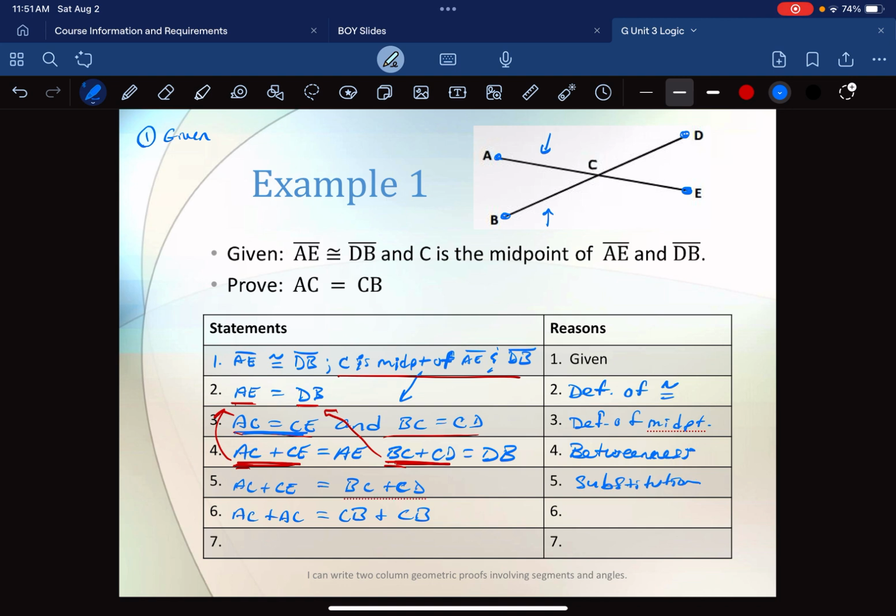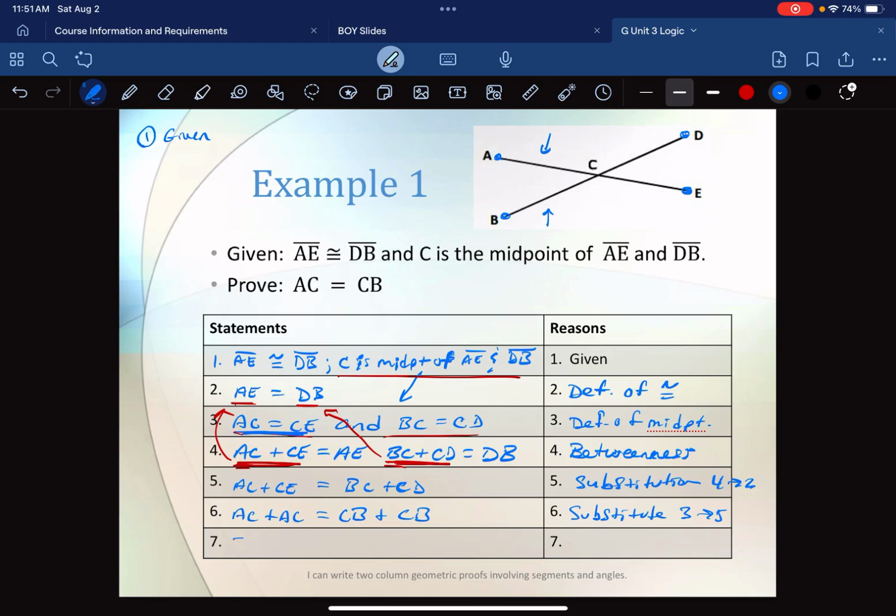I substituted statement 4 into statement 2, like this. I put 4 into 2. Then I substituted again. I put statement 3 into statement 5.